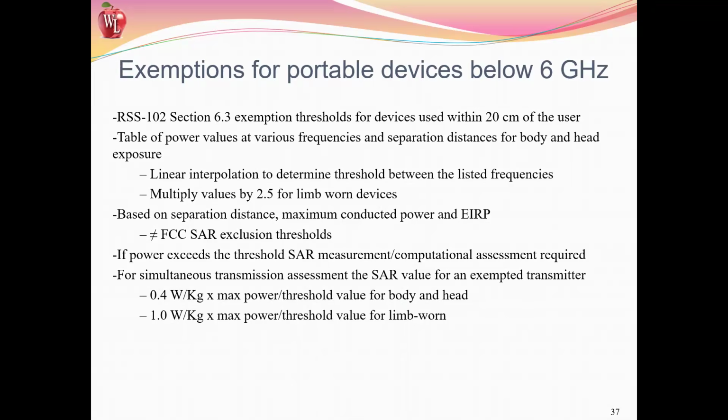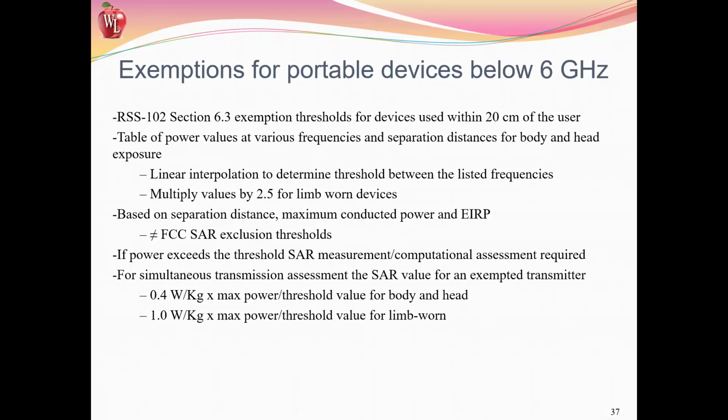There's a linear interpolation between those frequencies and power levels. And if you're looking for limb-worn devices, you can multiply that value. So based on separation distance, the maximum conducted power and EIRP are not equal to the FCC SAR exclusion thresholds. They are typically lower.